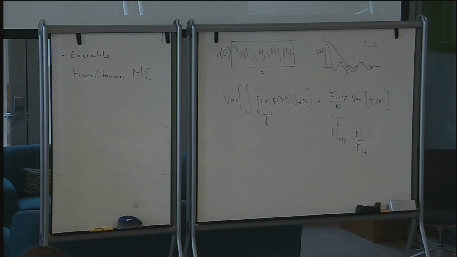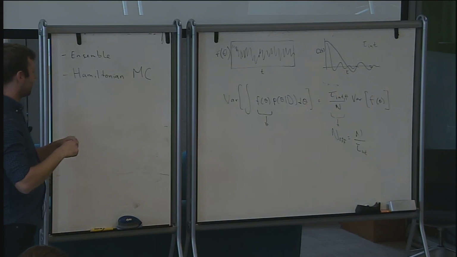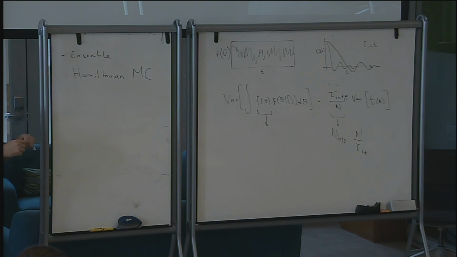The Hamiltonian method is exactly the same as a Metropolis method, except the proposal is much more complicated. It actually does a numerical integration of the point moving through the potential energy of the probability, the log probability, and so you have to be able to compute derivatives of your probability function with respect to the parameters in order to do the leapfrog integration that is normally used in there.